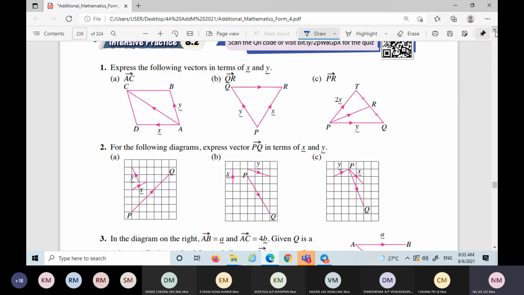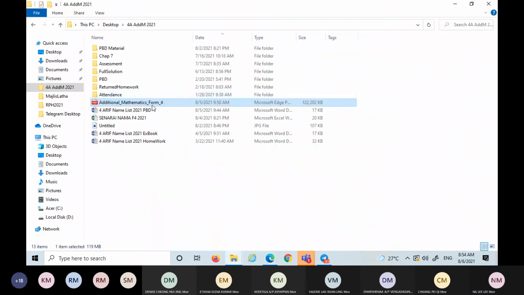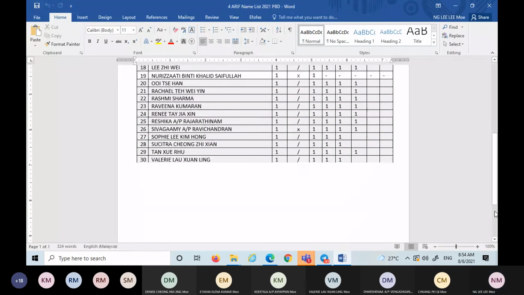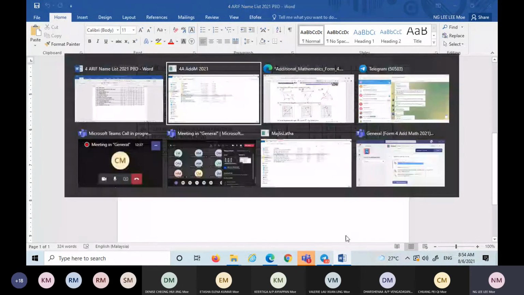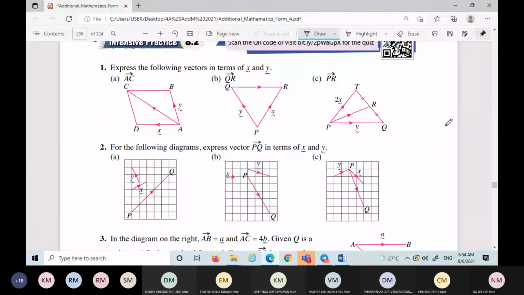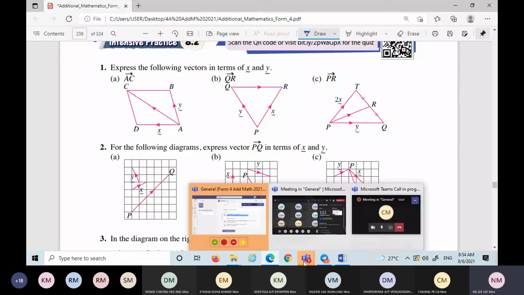Express the following vector in terms of x and y. This one I can call one by one to do. Sophie, Suchitra, Valerie, each of you answer one question.